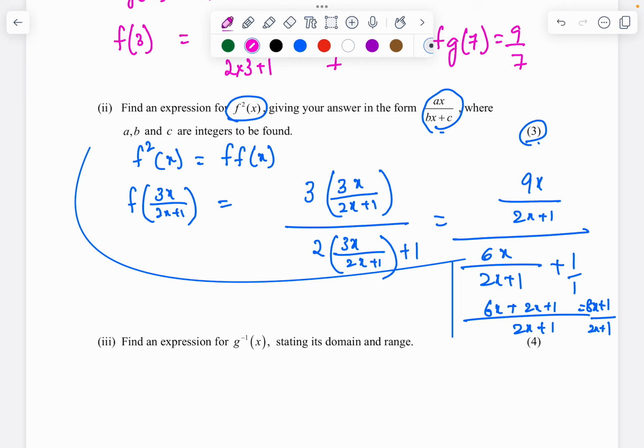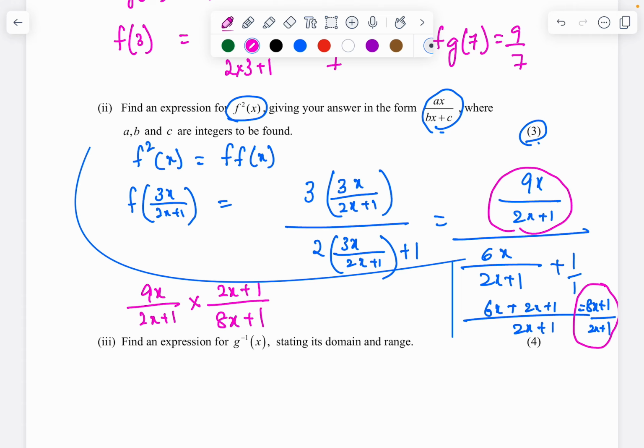So this is the denominator and this is our numerator. So now I'll write the numerator 9x over 2x plus 1, times, since this is division, I'm flipping it, 2x plus 1 over 8x plus 1. Now you can see that 2x plus 1 and 2x plus 1 cancel. This gives me 9x over 8x plus 1. So this is our final answer.